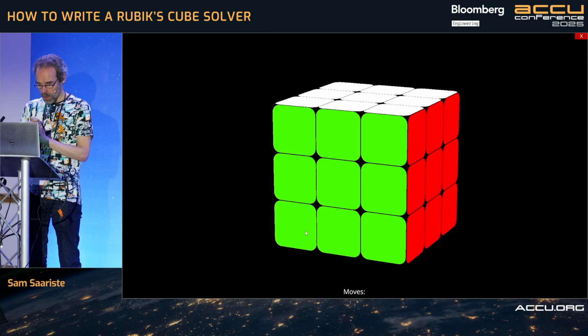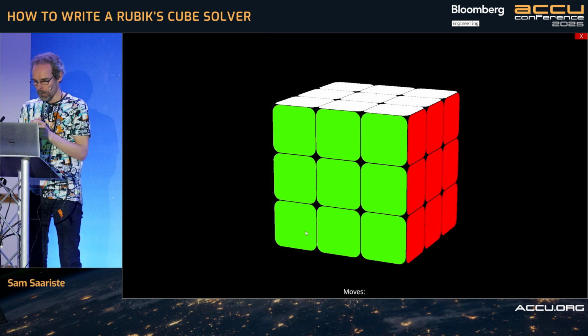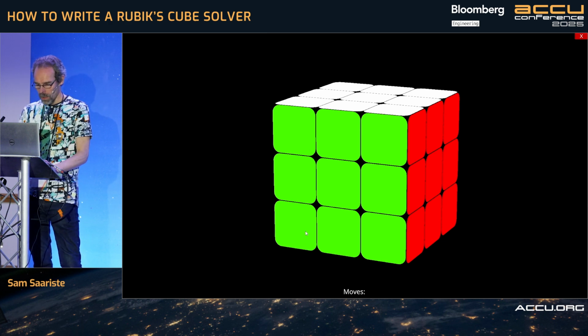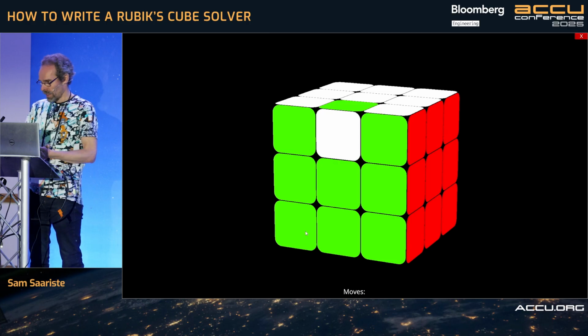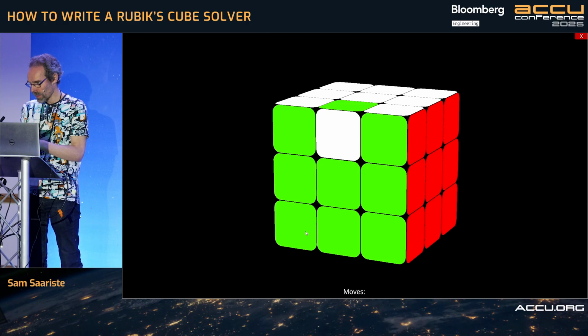There are a number of independent issues, and I will come back later to why that is. If you have one flipped edge, for instance, you can manipulate the cube however you like, but you can never solve that.